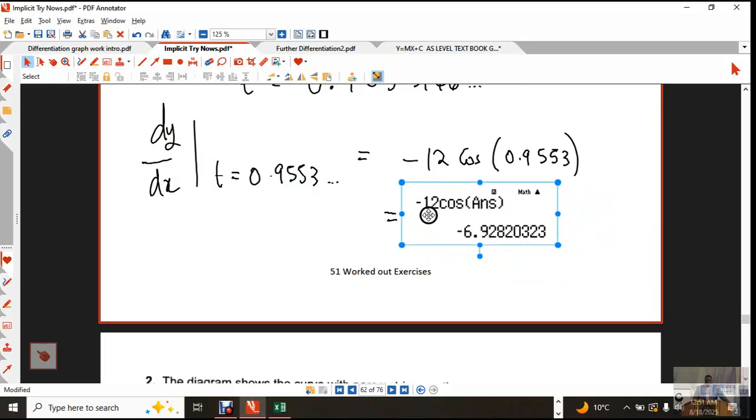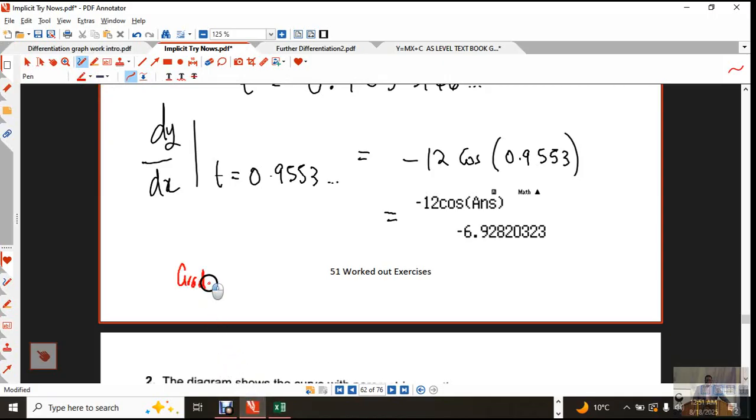Right, so our answer will be, and I'm going to write it underneath just to keep the space, the gradient at P will be negative 6.93, and the gradient at Q will be 6.93.